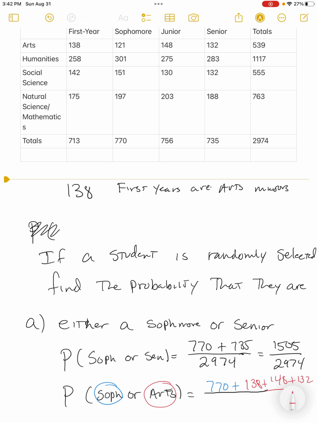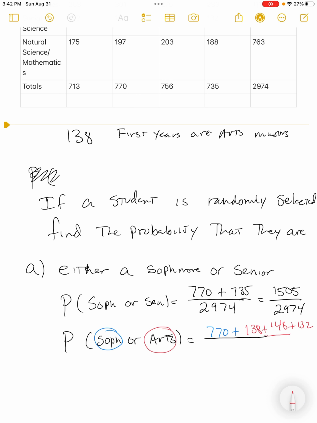So hopefully you're seeing what I'm seeing. I'm in that first row saying, okay, I'm interested in getting arts majors. There's 138 first years. There's 121 sophomores, but I've already counted them, right? And so I don't want to double count them. So I get the 148 juniors and the 132 seniors. Remember, the 539 is the total arts majors. I don't want to use that because there's some overlap there.